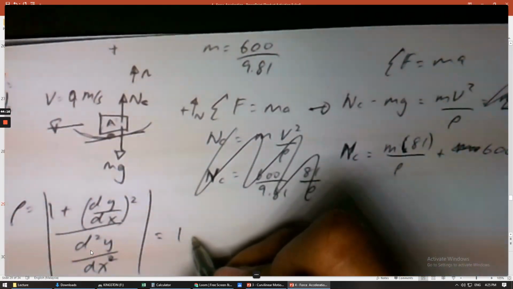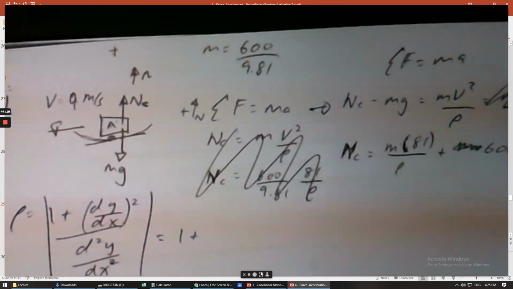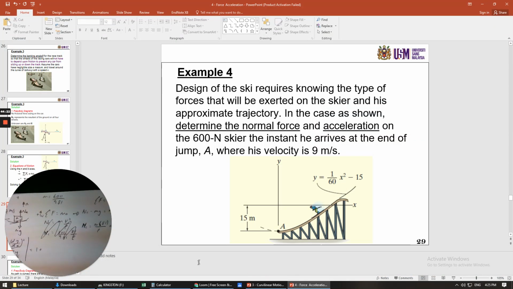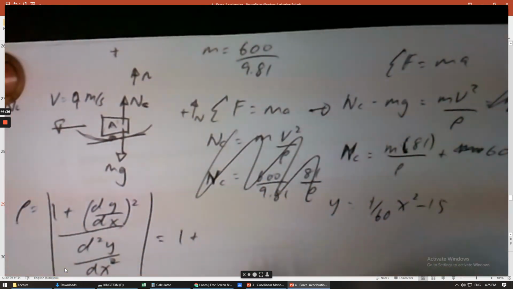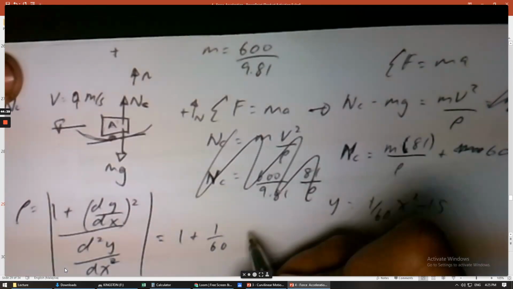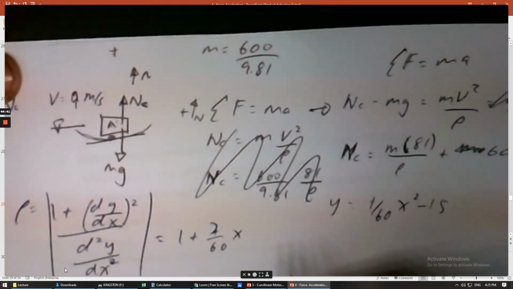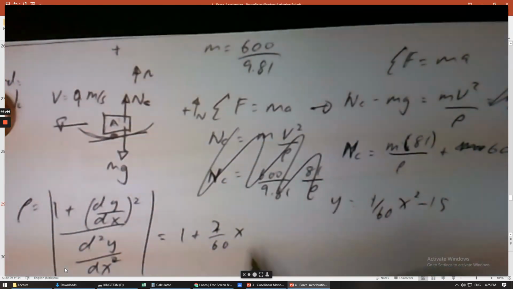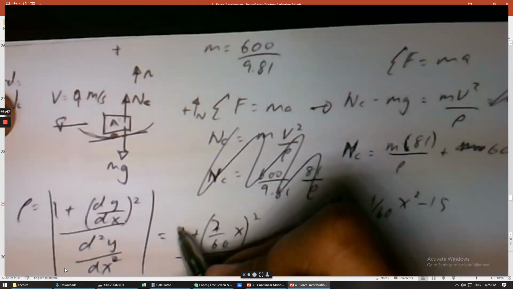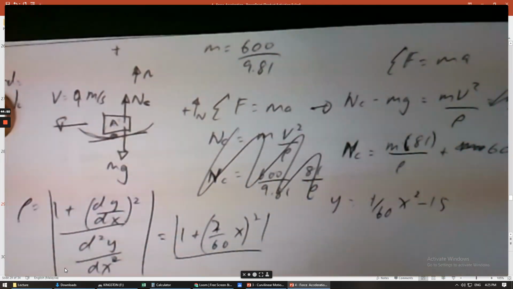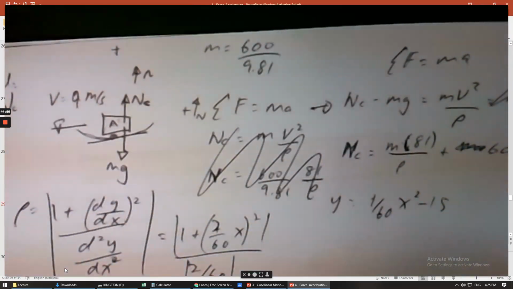Alright, so let's take a look at the question. We are given y equals 1 over 60 x squared minus 15, so dy/dx would be 1/60 x, squared, divided by the second derivative, which would be 2 divided by 60.